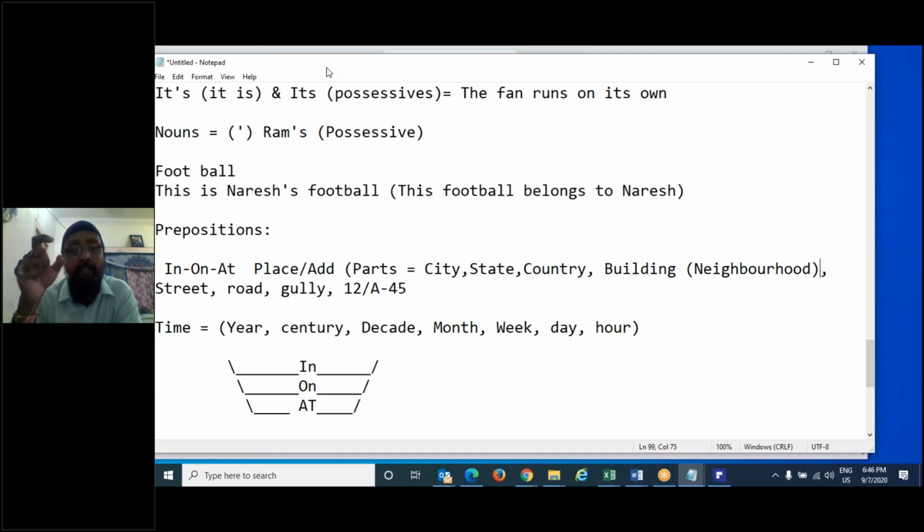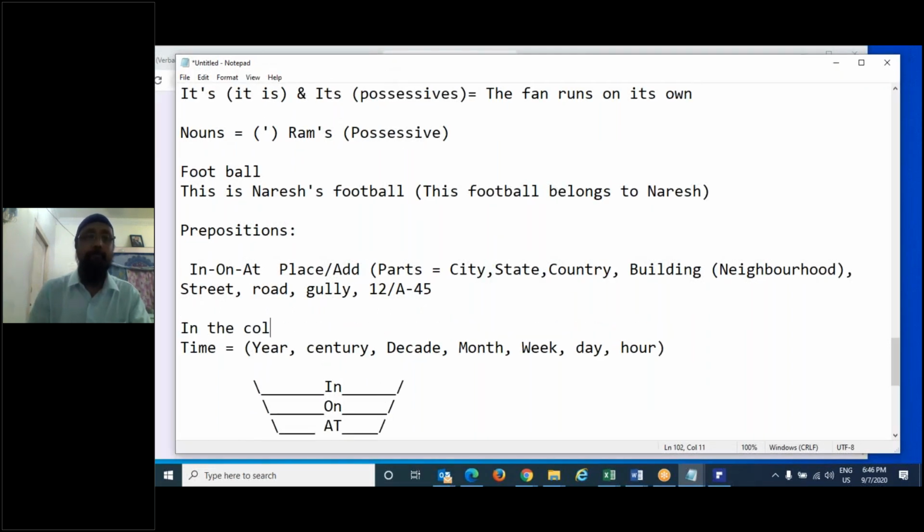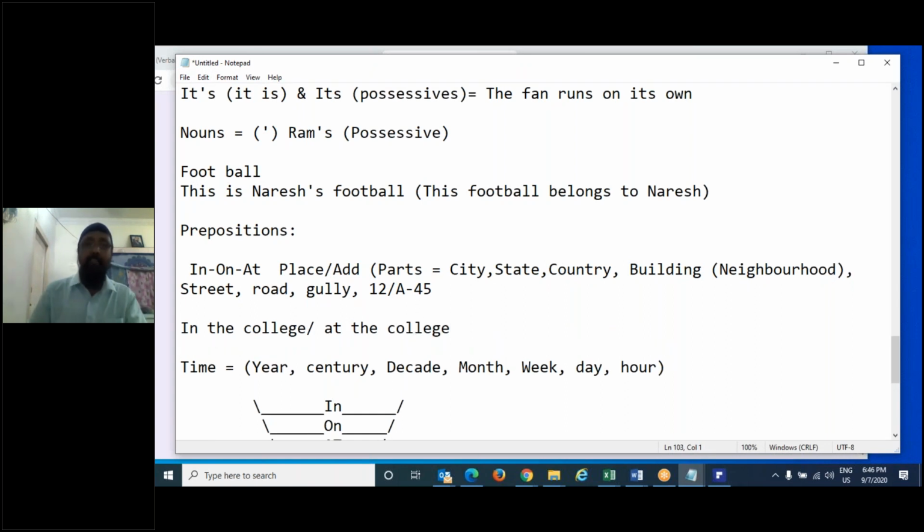So if someone is asking you, or you're in the college, what is the right way to say: I'm in the college or at the college? I'm at my college or I'm in the college. At the college. Which is correct? Quickly.